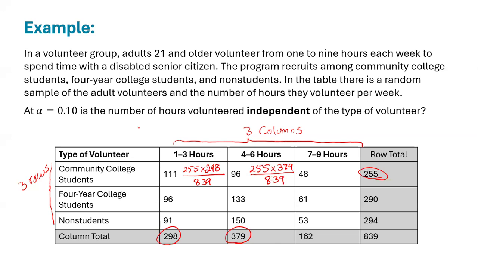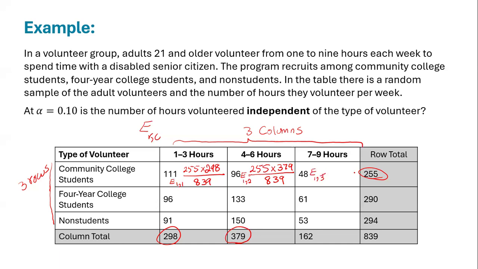And if you remember for the formula, we use the R and C, which means the number of rows and the number of columns. So for 111, we have E1,1. That means the first row and the first column. For 96, we have E1,2 because it's in the first row and the second column. 48 is in the first row and the third column.